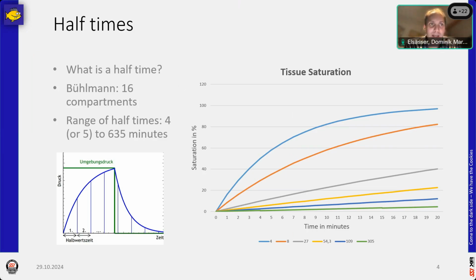It's very easy to imagine that stuff that is well connected to the bloodstream reaches equilibrium faster, because there is more blood coming by that can help equalize this pressure difference by moving inert gases towards the lung or from the lung. Yeah, so that's the other basic tenet in all these models.